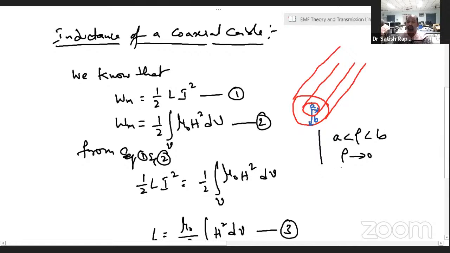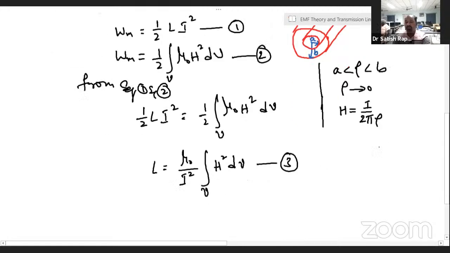Therefore, the magnetic field due to a long wire, that we know, is equal to I by 2 pi rho, where rho is the radius. So we can write H is equal to I by 2 pi rho, I'm writing the magnitude of the magnetic field.